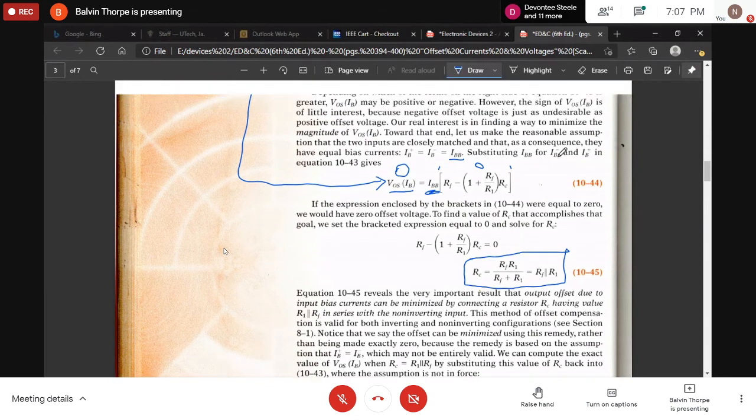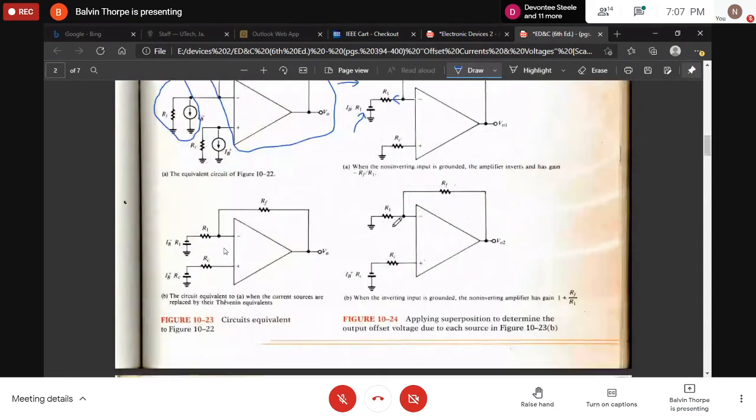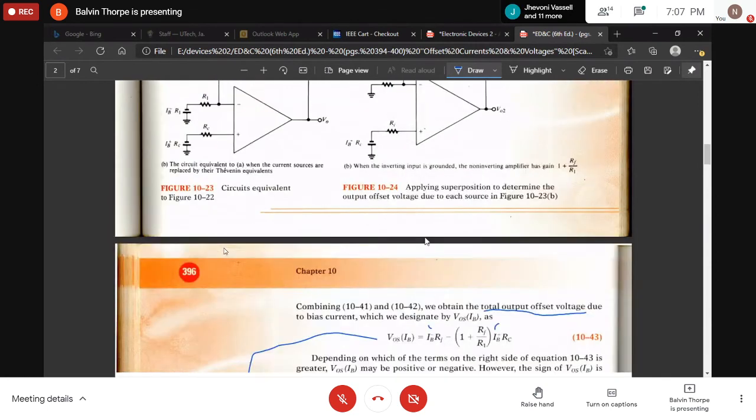Remember what RF is, our feedback resistor, right? And R1 is our input resistor. So we're saying if RC is the parallel combination of these two, then putting that parallel combination for RC right here is going to eliminate our output offset voltage.